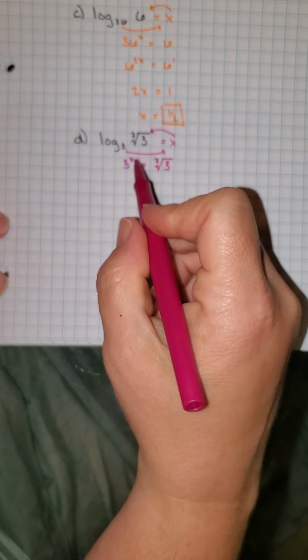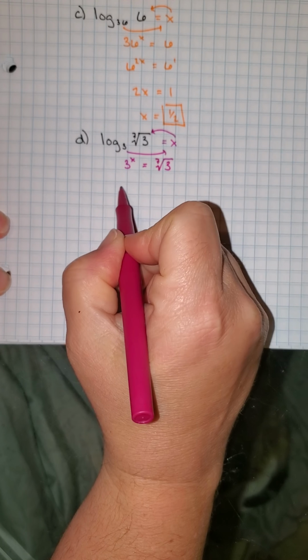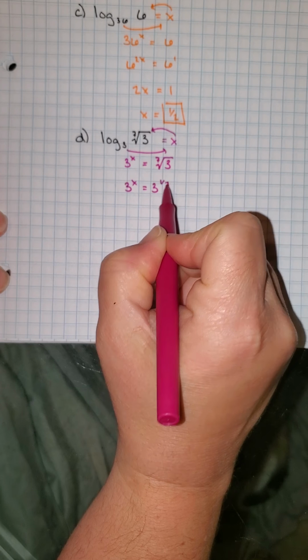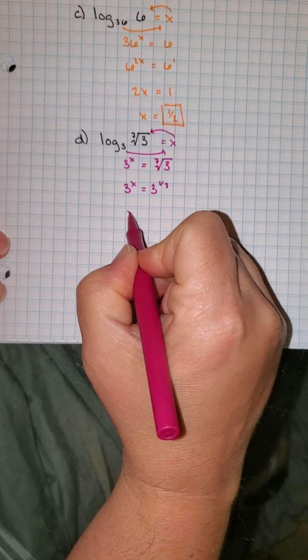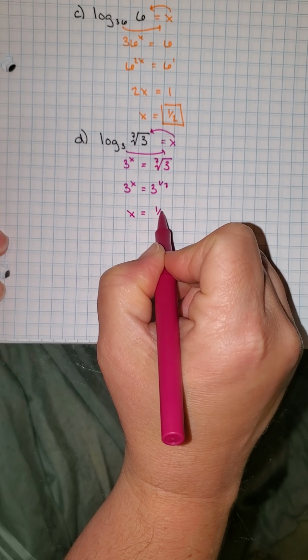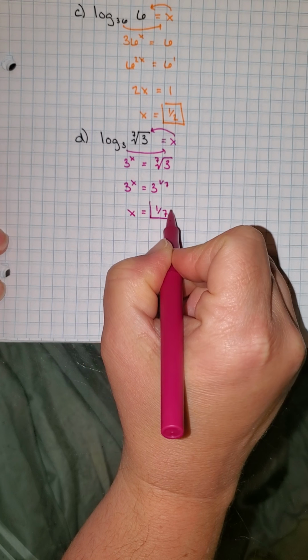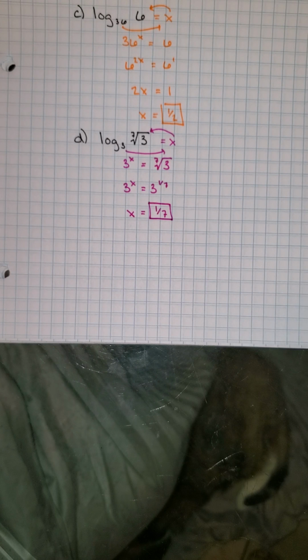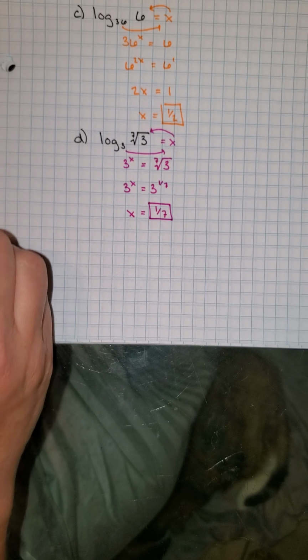Remember, the 7th root of 3 is like having 3 to the 1/7. So that would mean that x would equal 1/7, and that would be your answer. So the root is a fraction power.